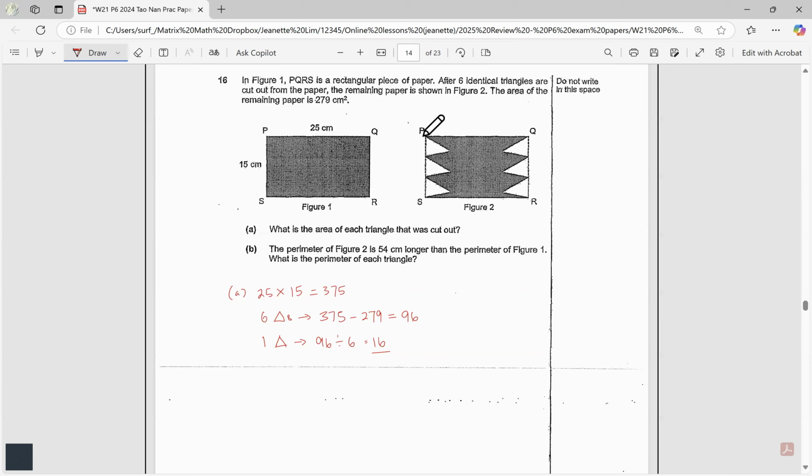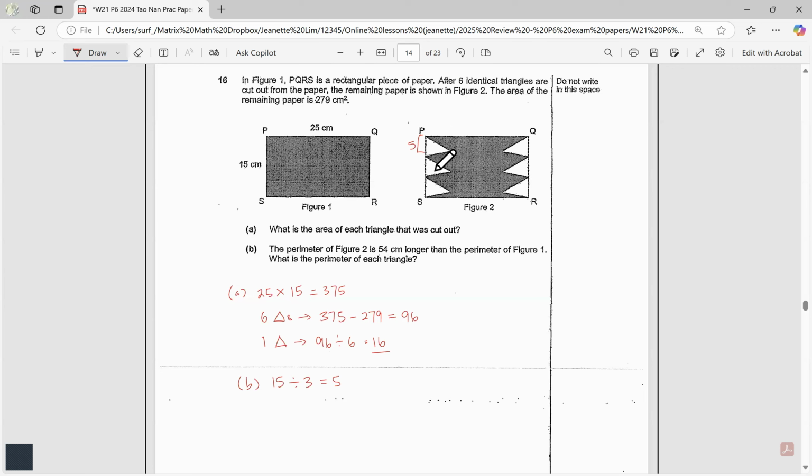So let's focus on one triangle, this part here. It will be 15 divided by 3, 5. Okay, 5. So it's because of all these 5s and all these zigzag parts that the difference will give us the difference of 54.